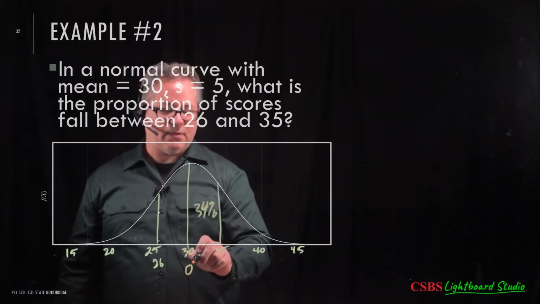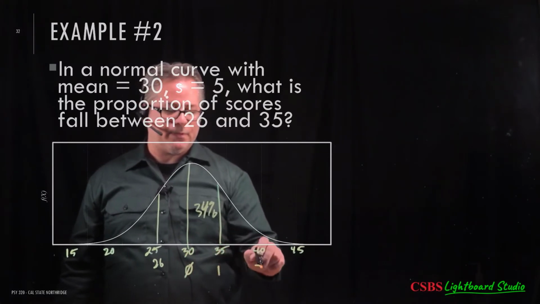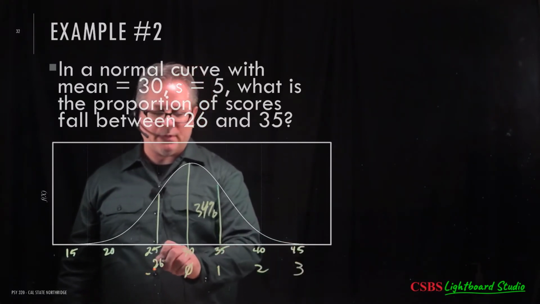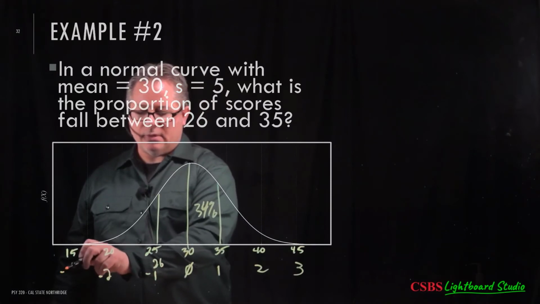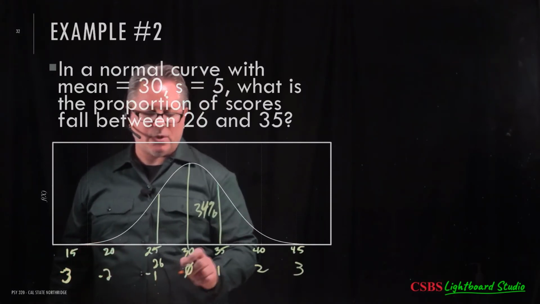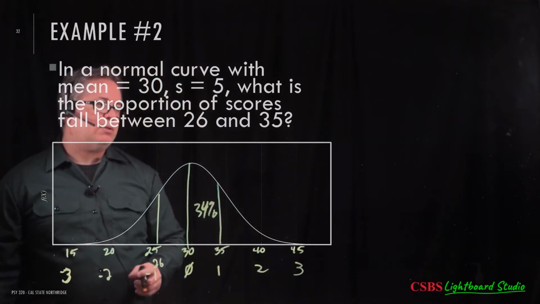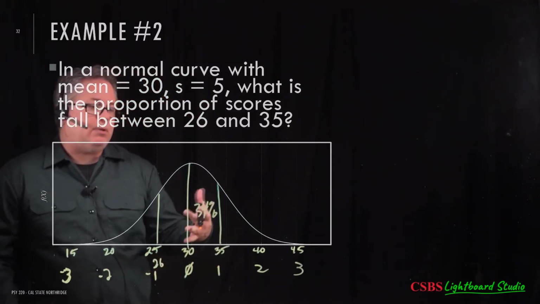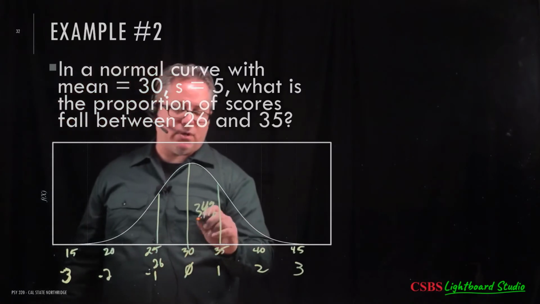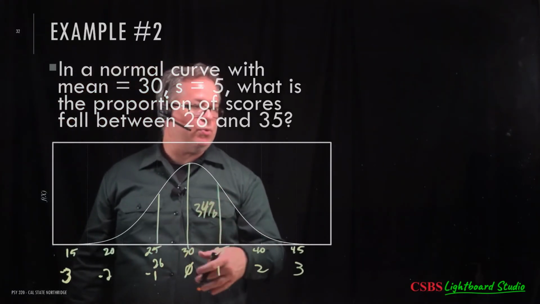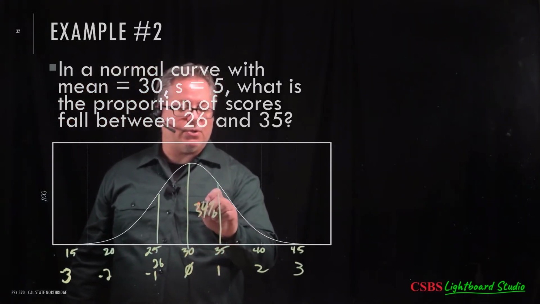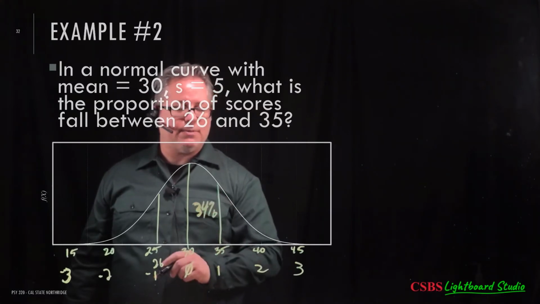So this is 1, 2, 3, -1, -2, -3. I already know that the area between 0 and 1 is 34%. So I don't need to look anything up. I'll do it anyway to show you, but I know this is going to be roughly 34%.